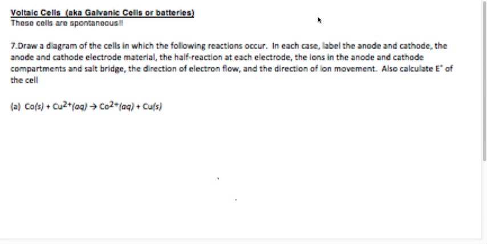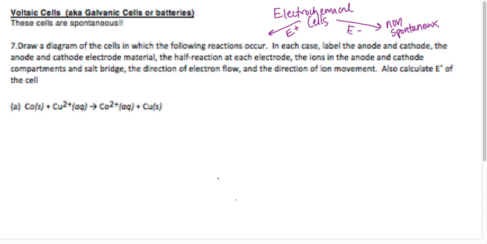So the world of electrochemistry is electrochemical cells are split into two. We have two types. We have the types that have a positive E naught, and then we have the types that have a negative E naught. These are our non-spontaneous ones, which we'll cover at the end of this unit.